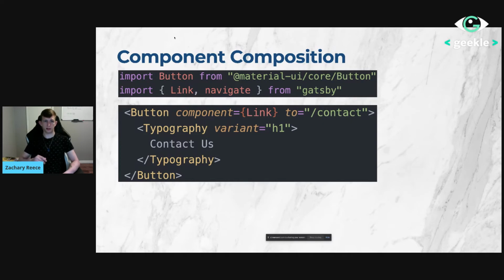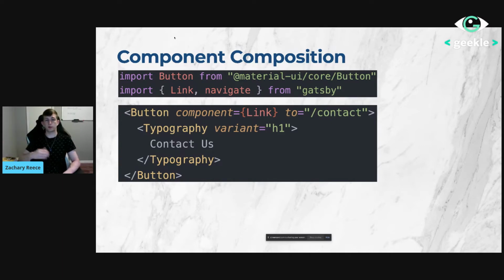Here in this example, we have a button component and we pass the component prop equals link. That's saying we want to take the functionality of the link component and put that into our button component. Typically the to prop, so to /contact, is usually just for your link components.